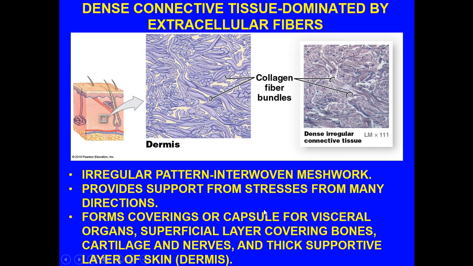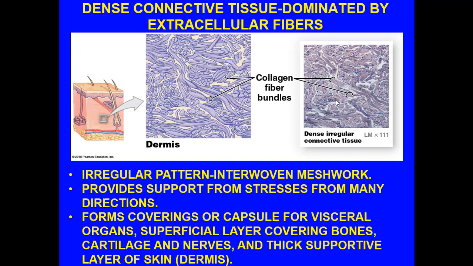Now, here's where we get into something more interesting. Dense irregular. If you notice here, this is the dermis of your skin, below the epidermis. And what you've got is patterns of collagen fibers, but they come into the plane of the sheet. They're not stacked nicely. They basically go in the order of the x-axis, the y-axis, and the z-axis, almost like coming out of the screen.